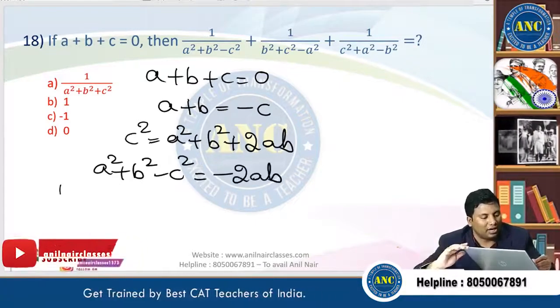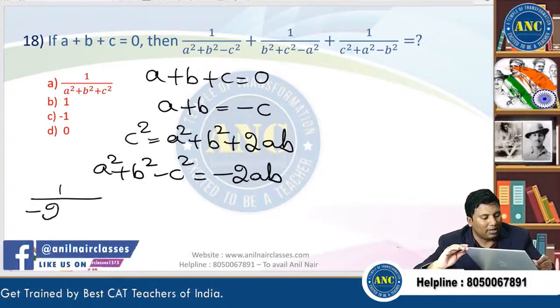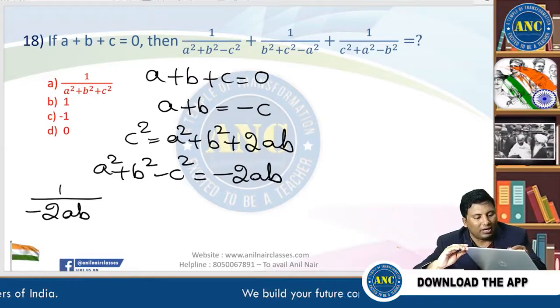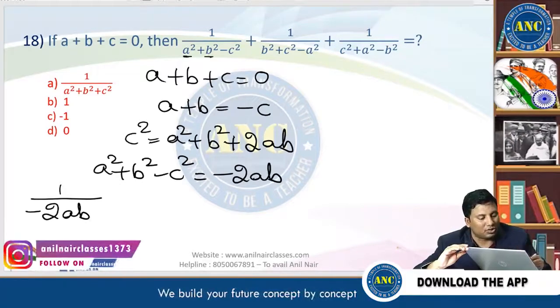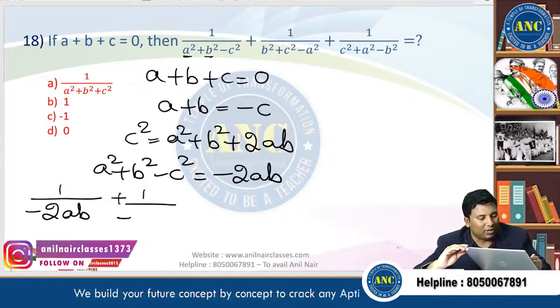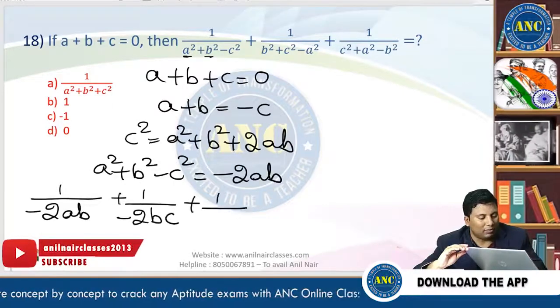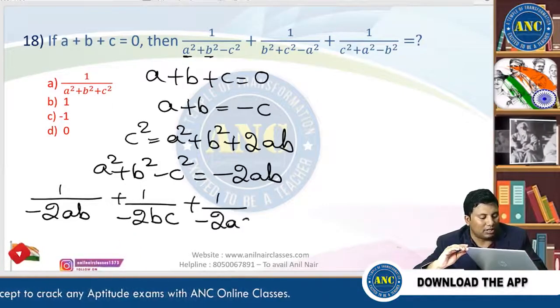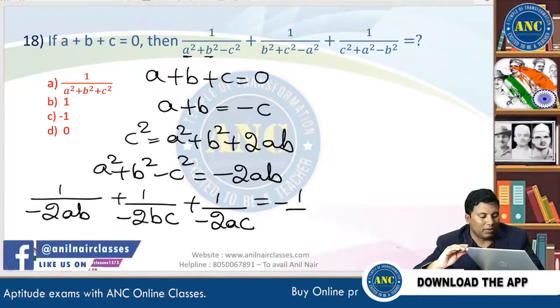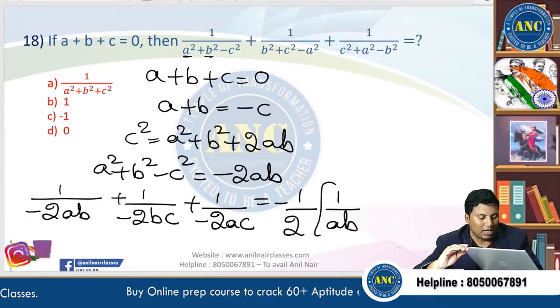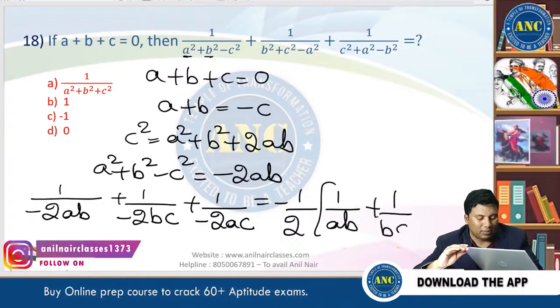So first value is nothing but 1 by minus 2AB. Second value will become minus 2BC. Third value will become minus 2AC. So here it will become minus 1 by 2 into 1 by AB plus BC plus AC.